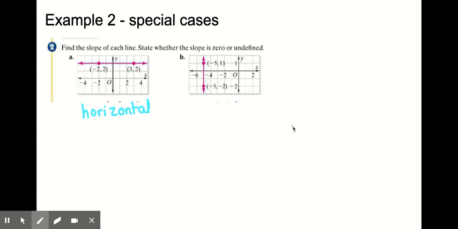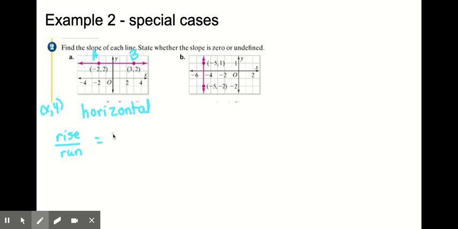So if I use the slope formula, rise over run, I'm going to call this point A, and I'm going to call this point B. So I'm going to do B minus A again. My y values, remember that ordered pairs are always x comma y.